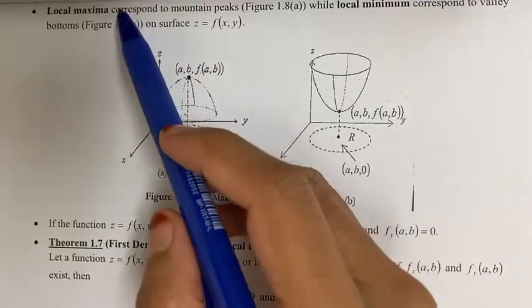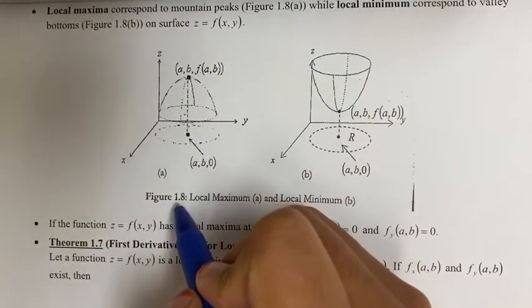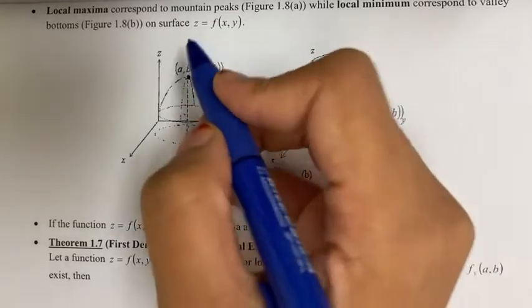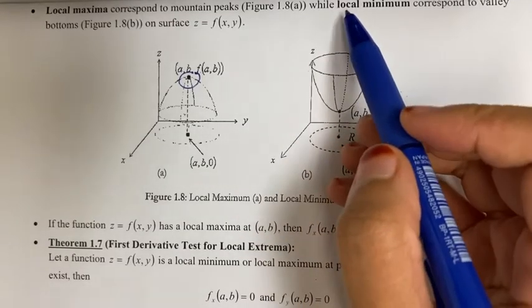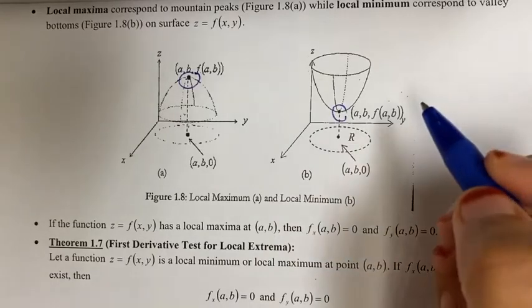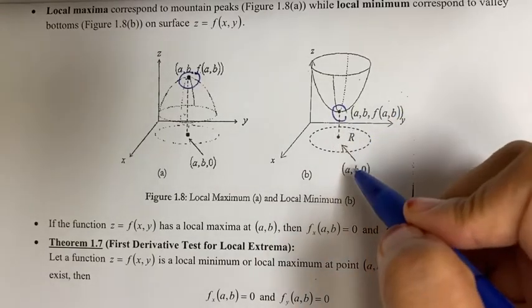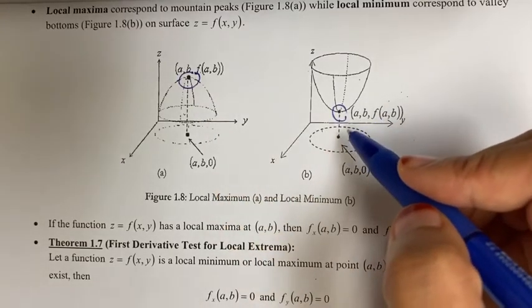Local maximum corresponds to mountain peaks. If you refer to figure 1.8a, this is a local maximum. And then a local minimum is here, corresponding to the valley bottoms of figure 1.8b. So this is how you see the local maximum and local minimum.